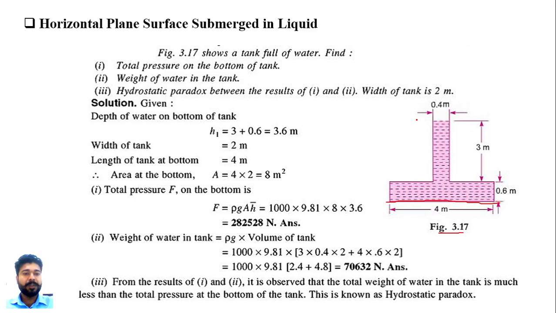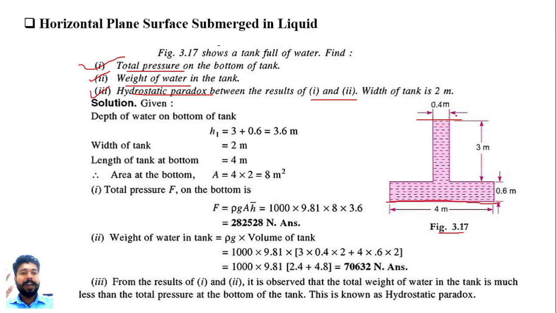In this diagram you can see the free surface of liquid parallel to the bottom surface. First we need to find the total pressure, second the weight of water in the tank, and third the hydrostatic paradox between the first and second.